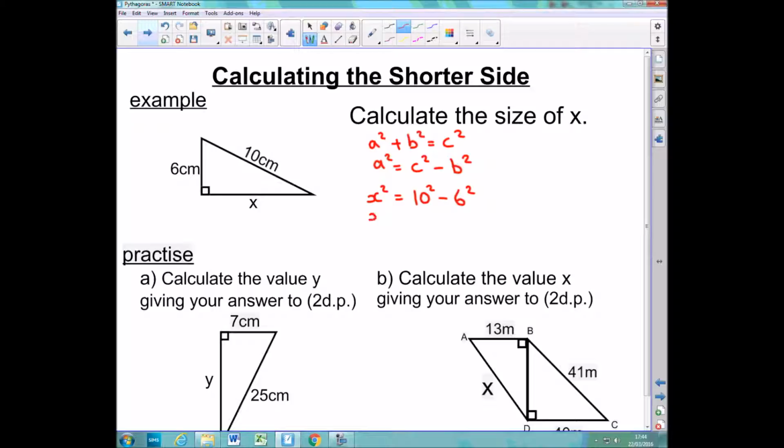So again, exactly the same as I've done before. X squared equals, tidying up this right-hand side, 10 squared is 100, minus 6 squared is 36. 100 take away 36 is 64. So x is going to be the square root of 64, which is 8 centimeters exactly.